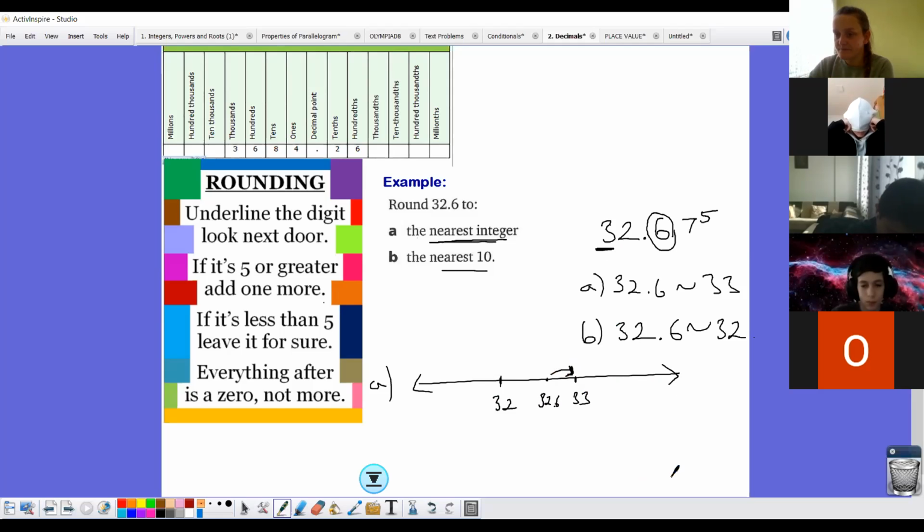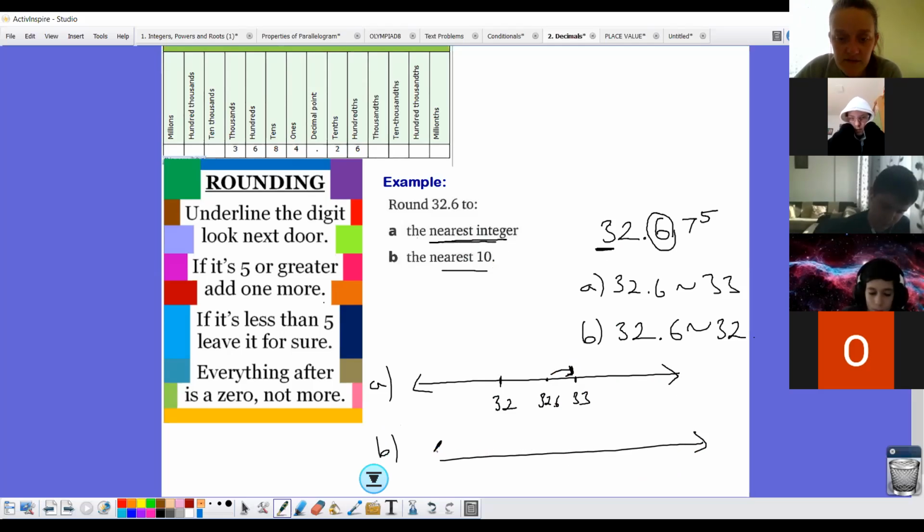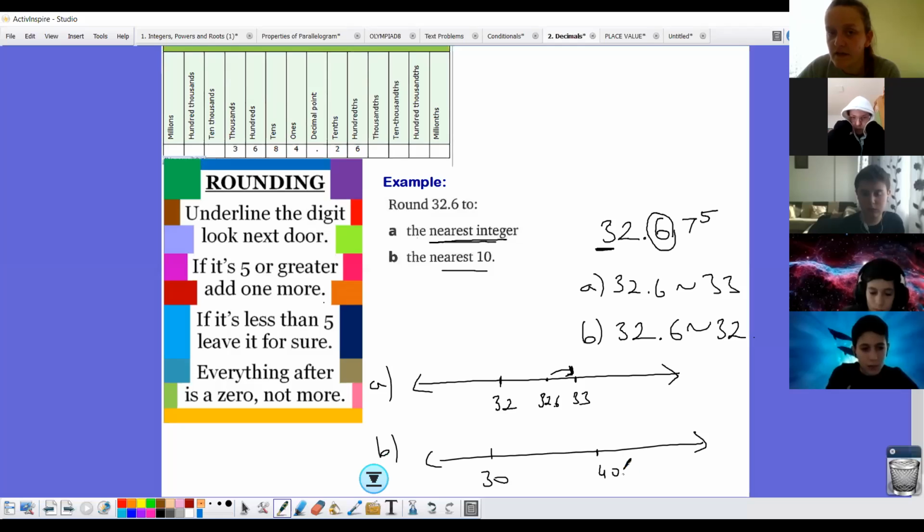Yes? Okay. Now, if we are rounding this one to the nearest 10, tens, it says tens. So I will write this one on a number line as tens. So it's between 30 and 40.